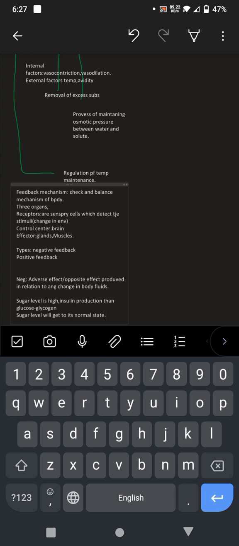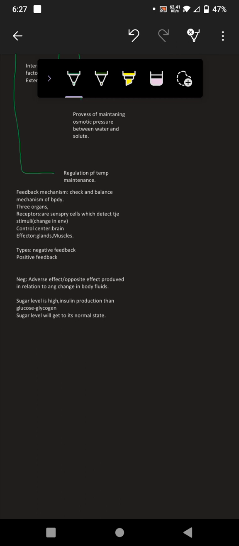Okay, are you guys getting me? So the purpose of this example is that the sugar level is getting high and insulin is produced, then glucose will break down into glycogen, and then the sugar will get to its normal state.